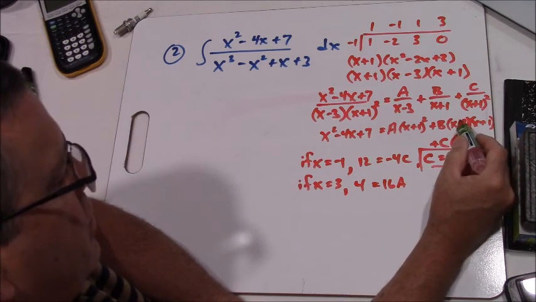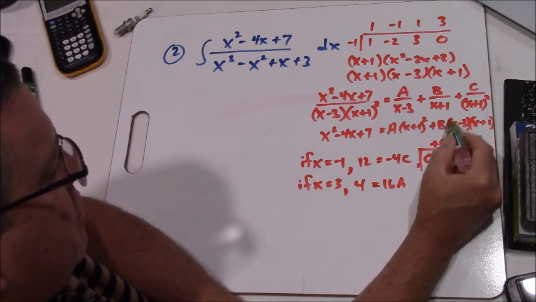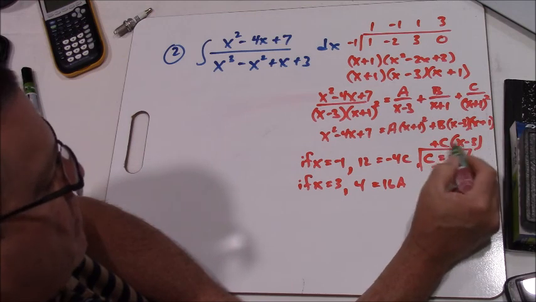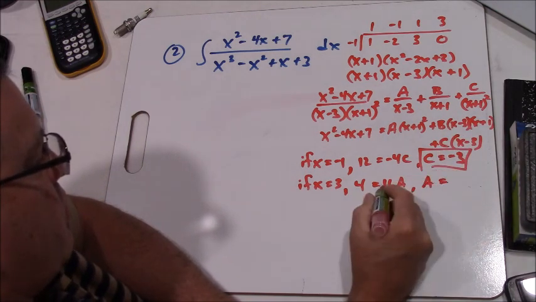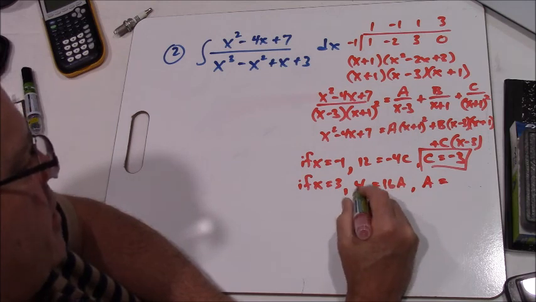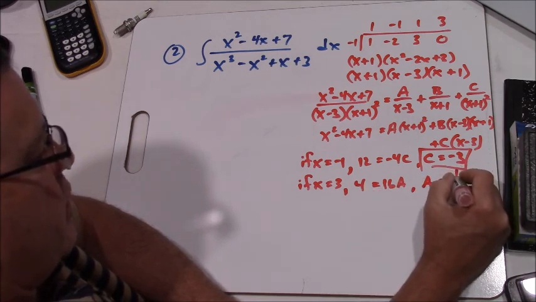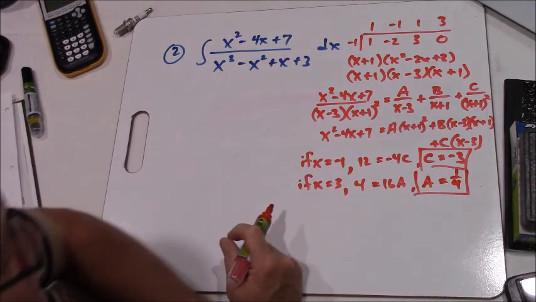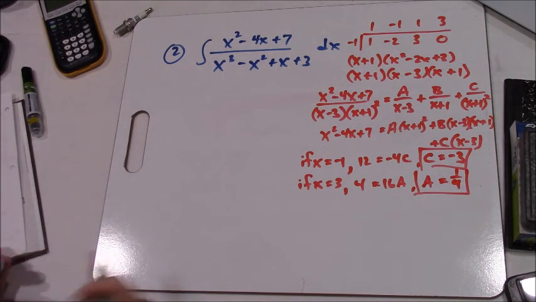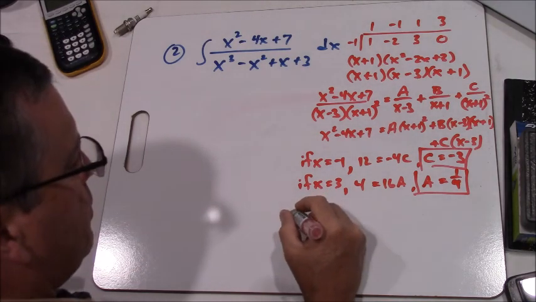And then if I put a 3 in, that'll be 0 times everything, that's gone. This will be 0, that times C, that'll be gone. So right here we have A equals, when I divide by 16, 4 over 16, which is 1/4. There's my second value.